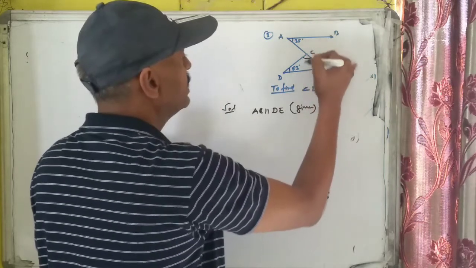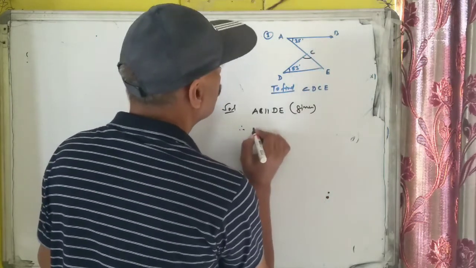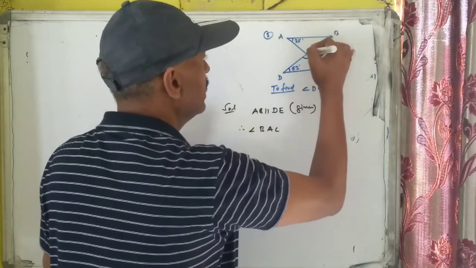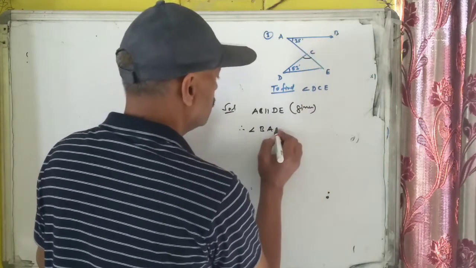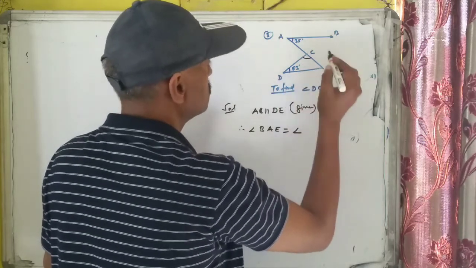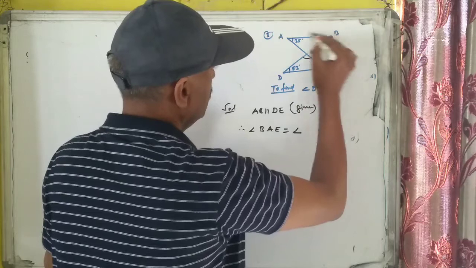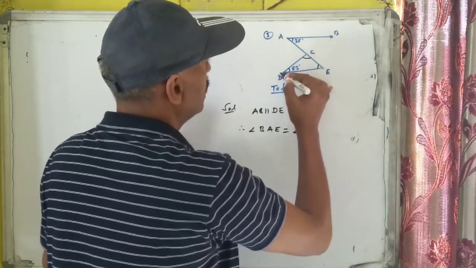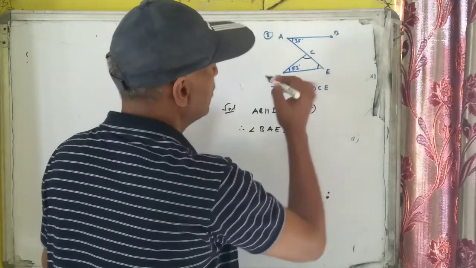So if AB is parallel to DE, therefore angle BAE is equal to this one, angle AED.